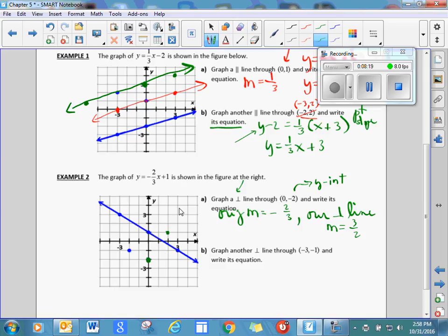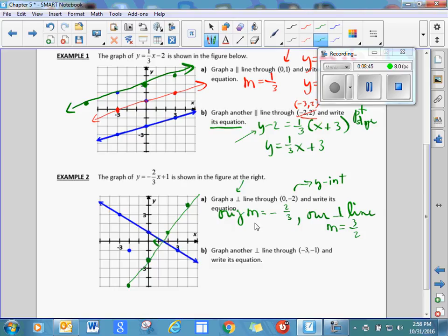Let me make sure I'm doing this right. Yep. Up 3/2, and down 1, 2, 3/2. So here's our line, and it is making a 90-degree angle to our original line in blue.